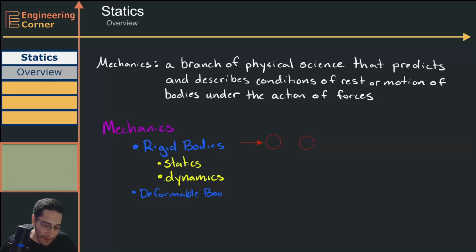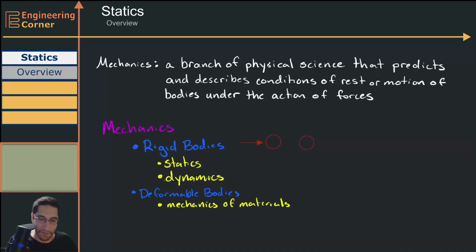And these can be a little bit more complicated, so we'll study deformable bodies after rigid bodies. And the course that comes to mind is a strength of materials or mechanics of materials class.